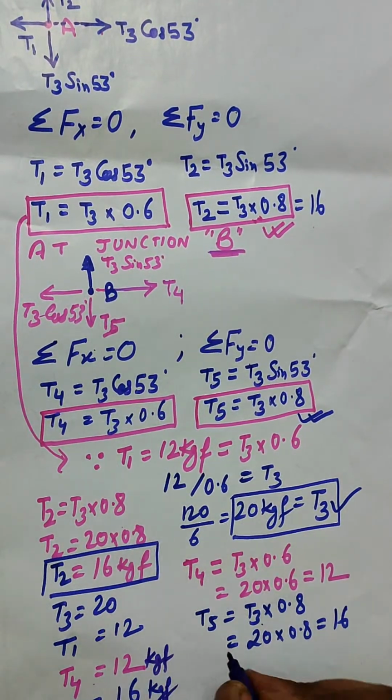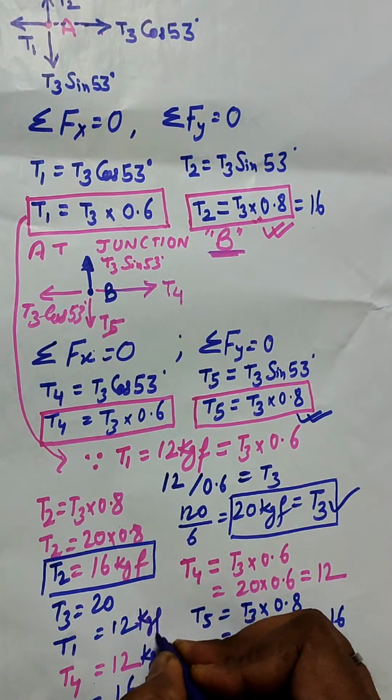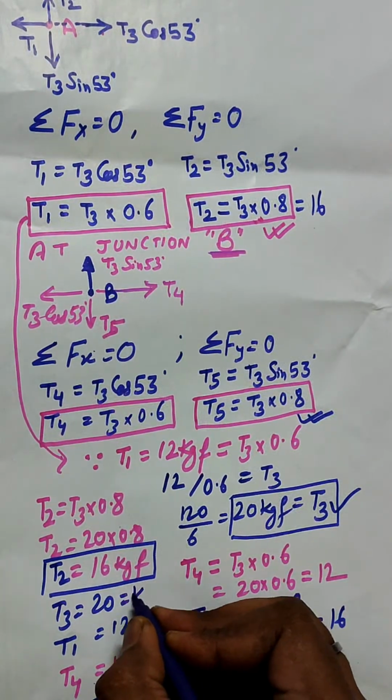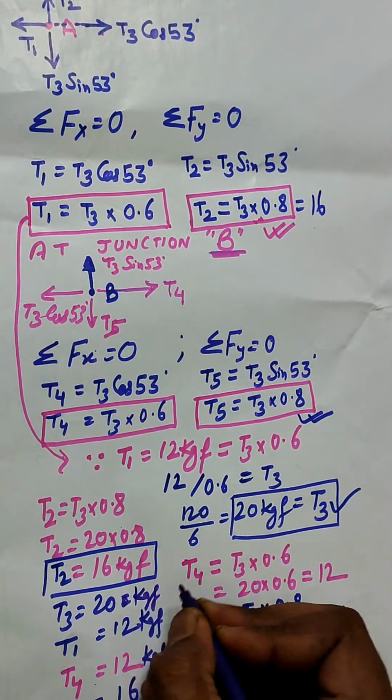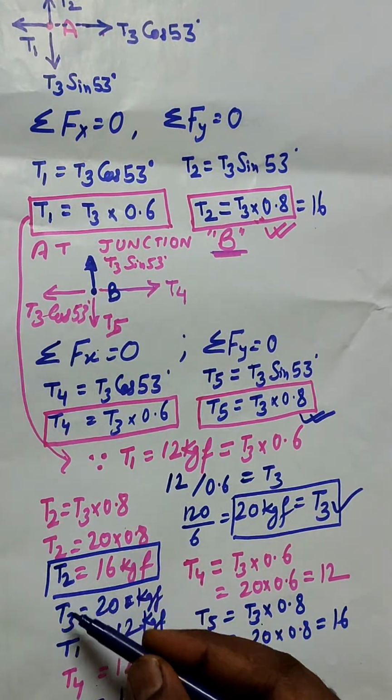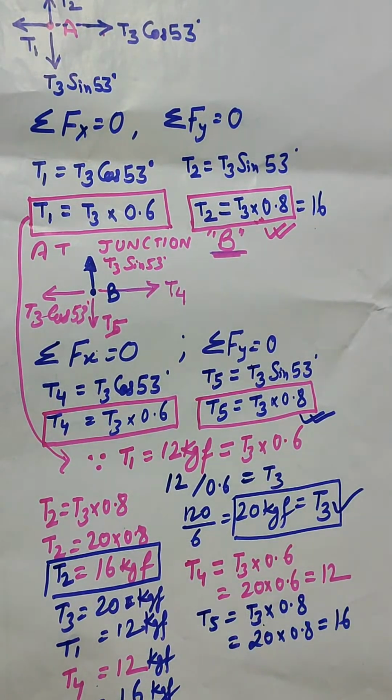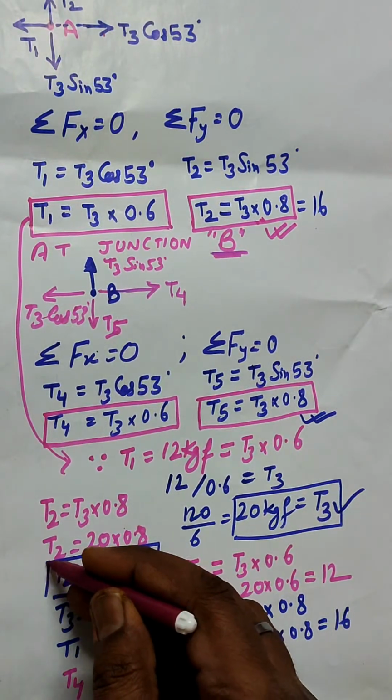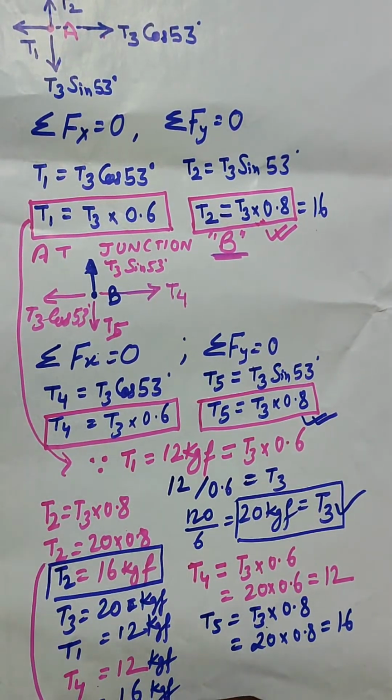T4 is 12 kgf, T1 is 12 kgf as given, T3 is calculated as 20 kgf. So T1, T2, T3, T4, T5, all these values are known to us now.